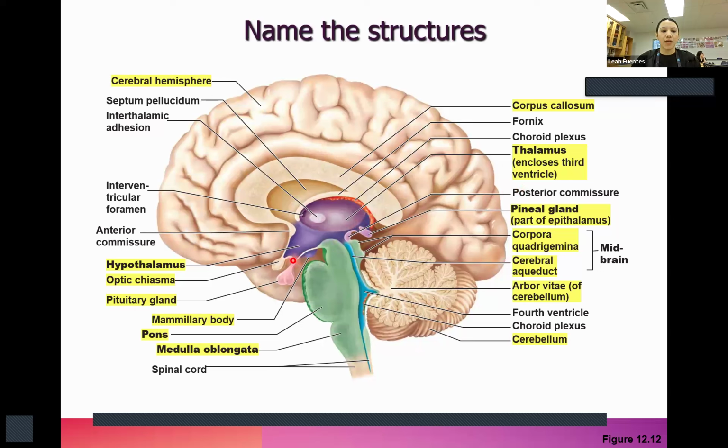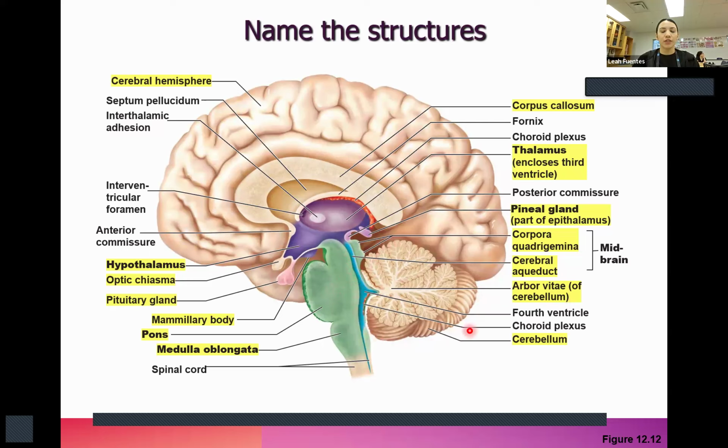We also have our anterior and posterior commissures. And then back here, we have our pineal gland, which is part of our epithalamus. And then moving into the midbrain, we have our corpora quadrigemina, which is right here, and then our cerebral aqueduct. So again, corpora quadrigemina, and then cerebral aqueduct in here.